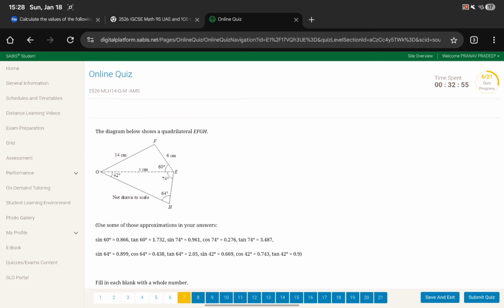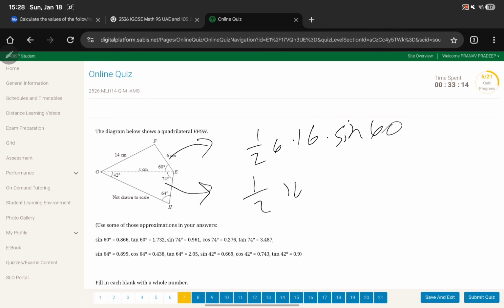Now just find the area of this triangle and this triangle and just add them up. So for this triangle GFE, it's going to be half of 6 and 16 times sine 60. And for this, it's going to be half 16 times 12 times sine 74.